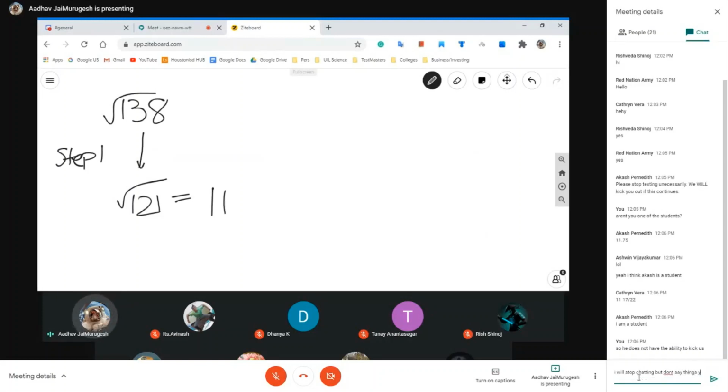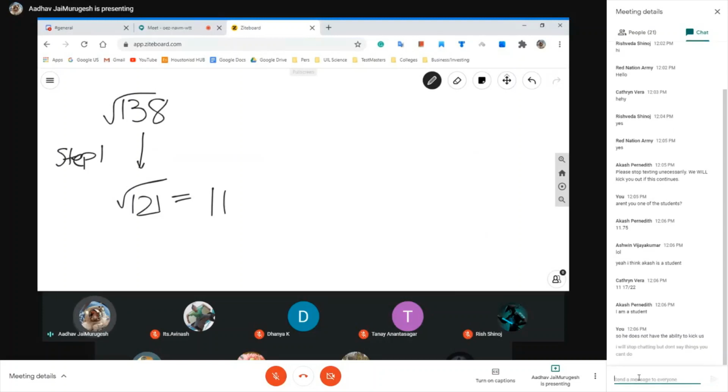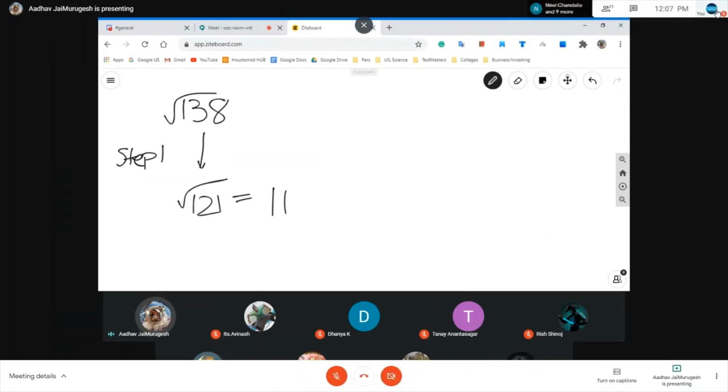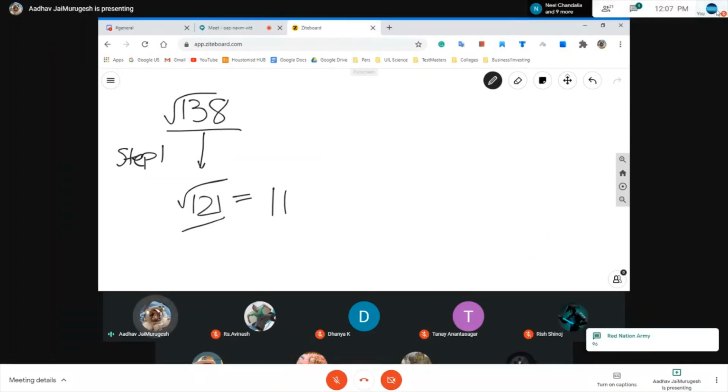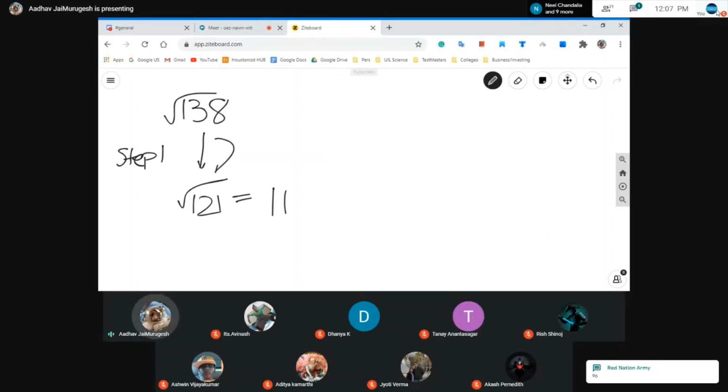Step two is going to be getting the difference between this original number and our new number. And the difference, if you calculate it, you will get an answer of 17. So 17 is going to go in the numerator of our answer, and we're going to get our answer in a mixed fraction way.